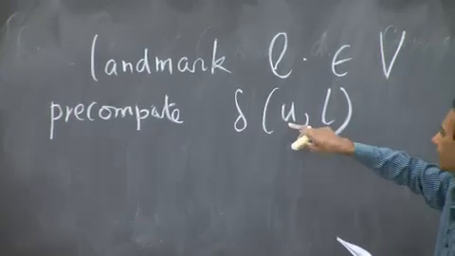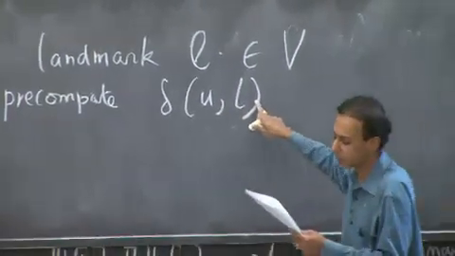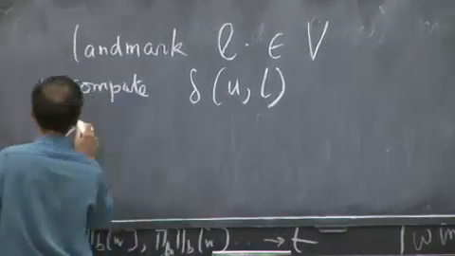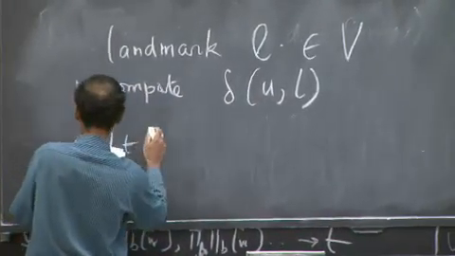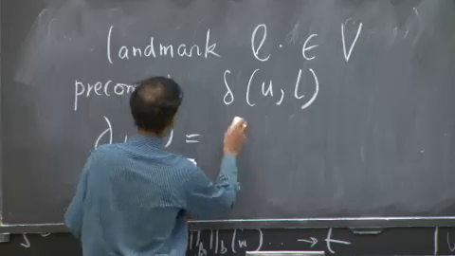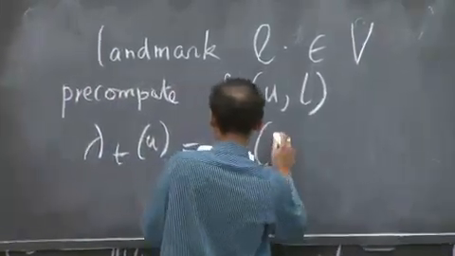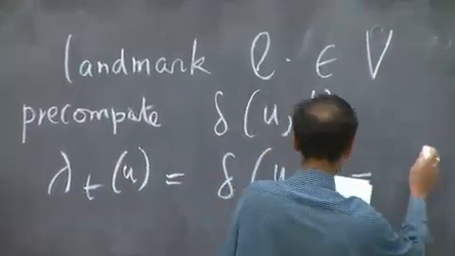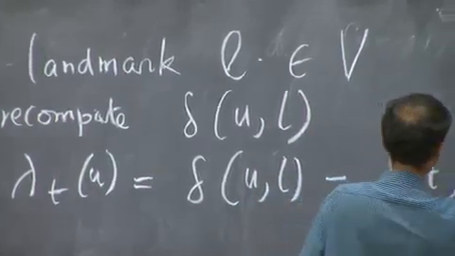So it's like change the source, but the destination stays the same. And the potential, lambda T U, is defined as delta of UL minus delta of TL.